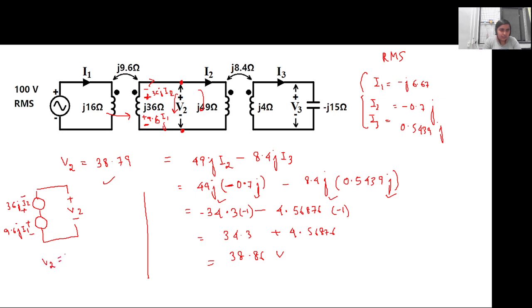So V2 will be equal to 9.6jI1 minus 36jI2. So 9.6j into I1, which is minus 6.67j, minus 36j into I2, which is minus 0.7j. This will be equal to 6.67 into 9.6.